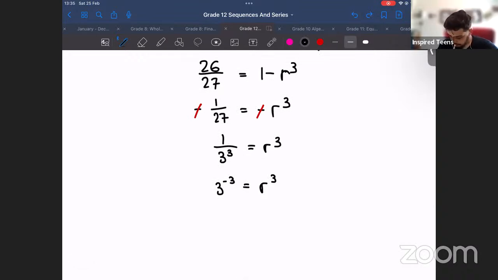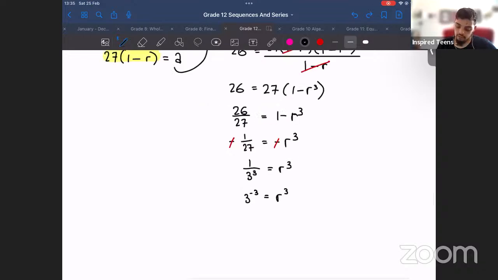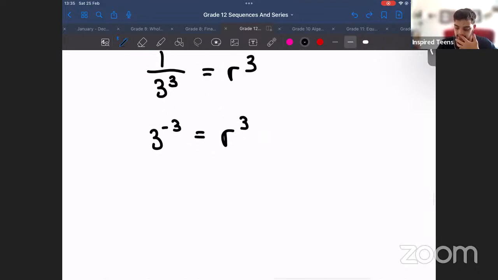an unknown variable. We could make negative 1 into negative 3. So what we could actually do is a simpler way. Let me look at it.